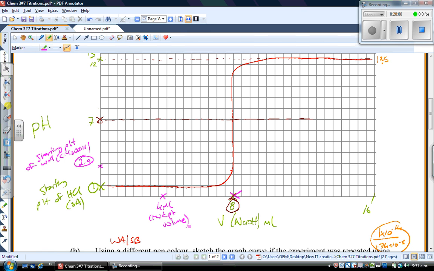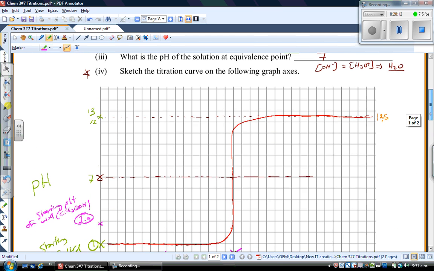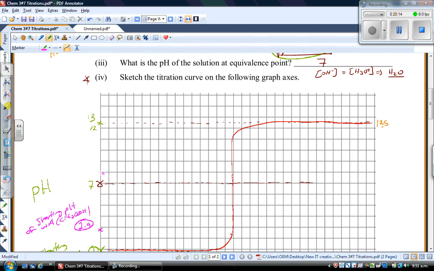The equivalence pH we just determined was 8.9, so this is 8.9. We draw a little line over just to help us with our graphing. So we know that equivalence should be about there for the weak acid. This is equivalence for the weak acid. This was equivalence for the strong acid.